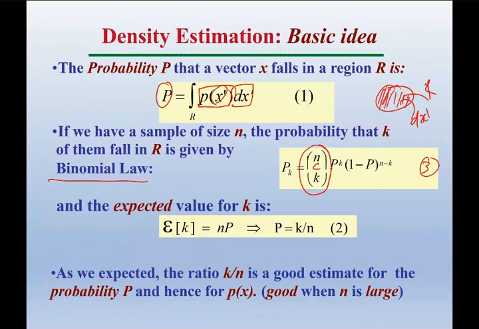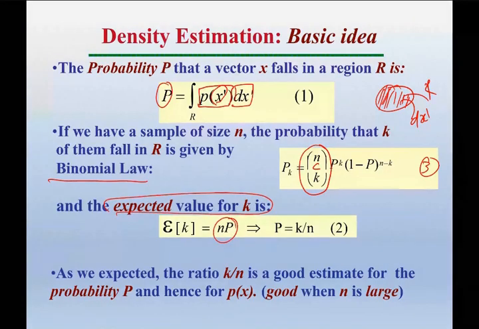This is the binomial law, and the expected value for k is nP. The mean value for a binomial distribution is nP. So for the mean value k, k is equal to nP. So this P is equal to k by n.